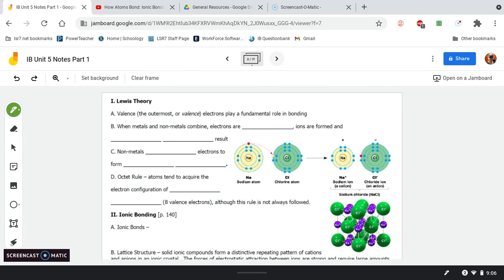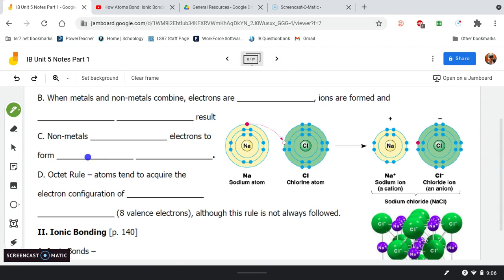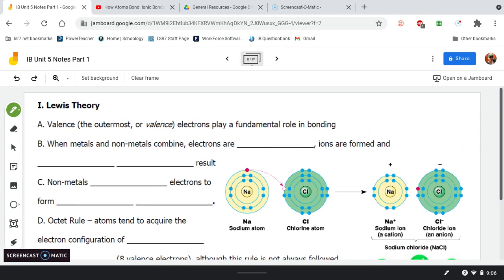So let's start here in your notes, with Lewis theory. I don't know if you remember any of the names, but last year we talked about a thing called a Lewis dot structure, and then various different ways to look at that.